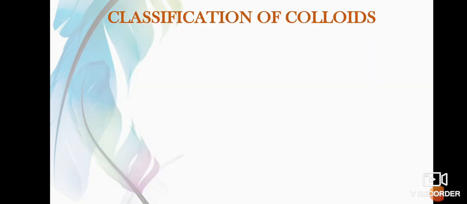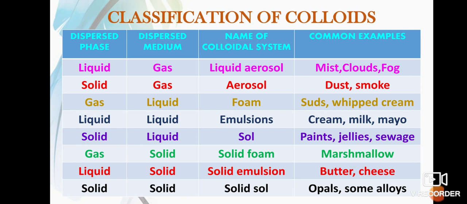Okay, then classification of colloids. See here, dispersed phase, dispersed medium, name of colloidal system, common examples. In the first one, dispersed phase is liquid, dispersed medium is gas, then it is a liquid aerosol. Example, mist, clouds, fog.